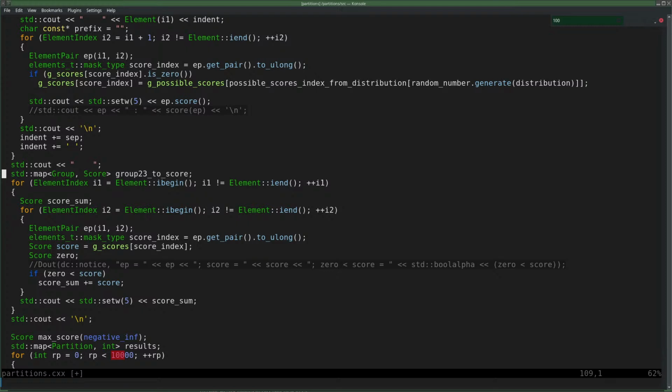Index. Yes, like. Maybe, I don't know what I want.